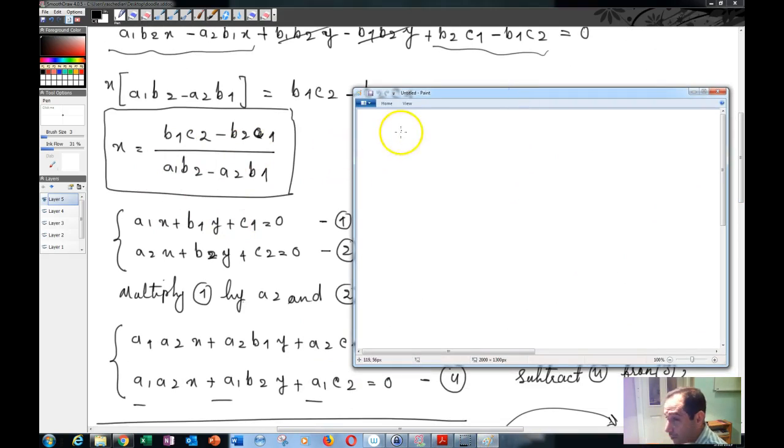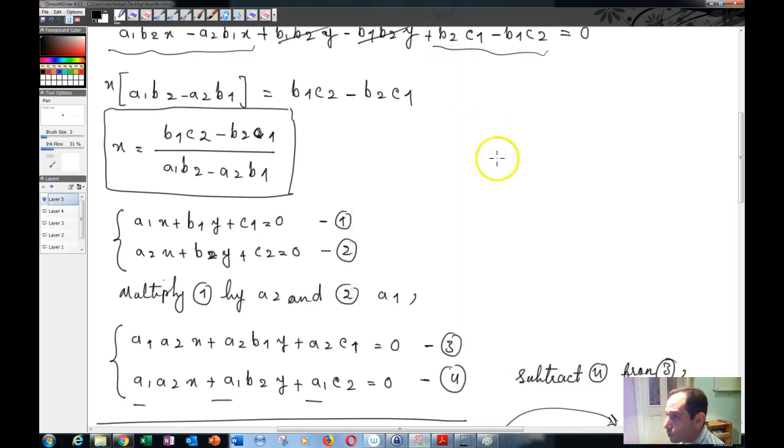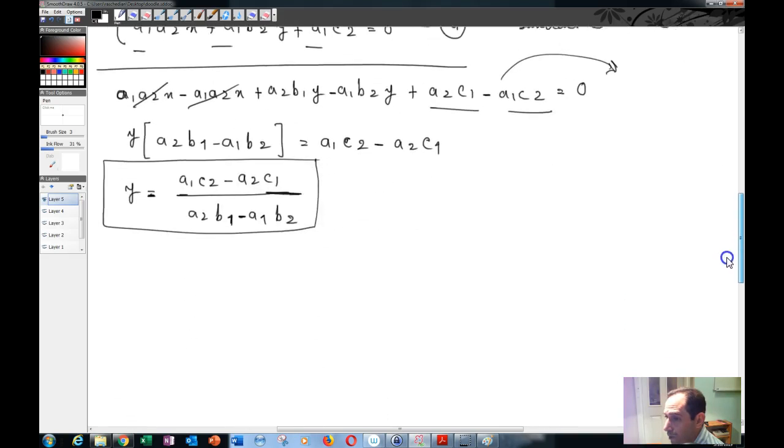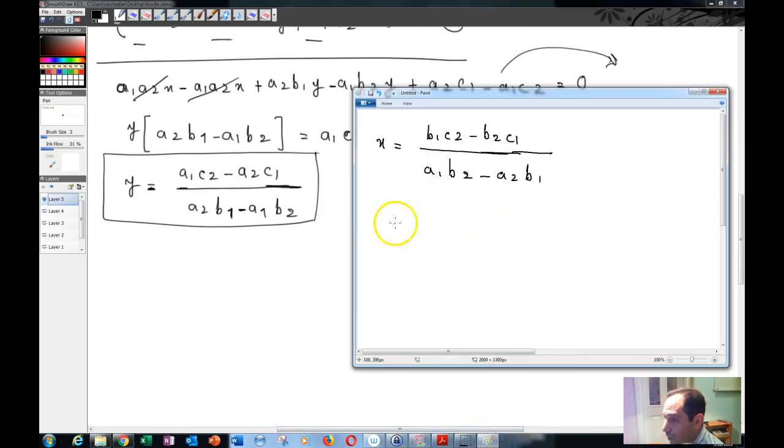So x is equal to b1 c2 minus b2 c1 over a1 b2 minus a2 b1, and my y was equal to a1 c2 minus a2 c1 over a2 b1 minus a1 b2.